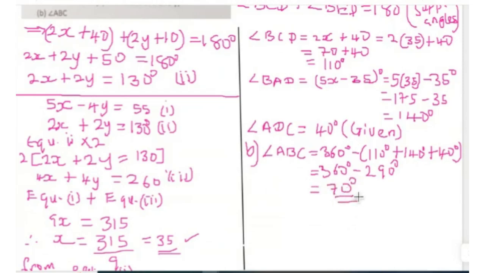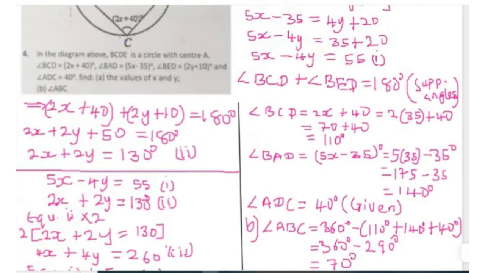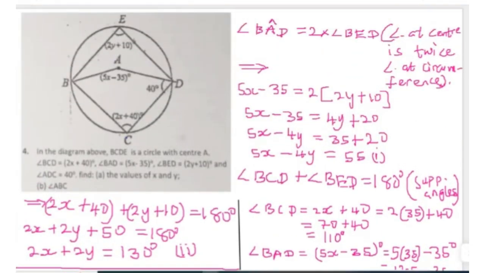So we have answered these two questions. Okay, let's see how we're able to do this. We started out from the beginning by saying the angle at the center at A is 2 times the angle at the circumference. That led us to equation 1. Then we said BCD is a cyclic quadrilateral, so we know that the opposite angles of cyclic quadrilaterals are supplementary. We use that fact to formulate equation 2.